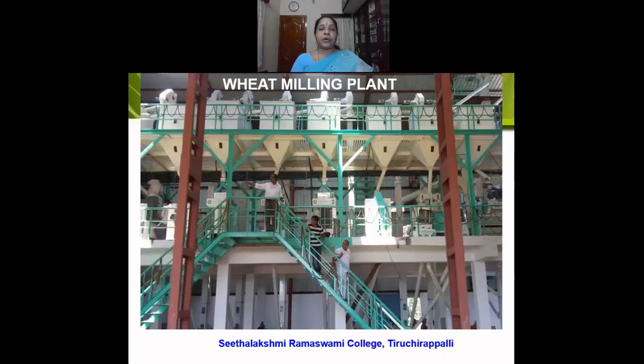When large quantities, several tons of wheat, have to be ground, then it goes to the wheat milling plant, and this is how the wheat milling plant will look, where all the machines are automated and it takes place automatically in different stages. We get the wheat flour as the output from the wheat milling plant.